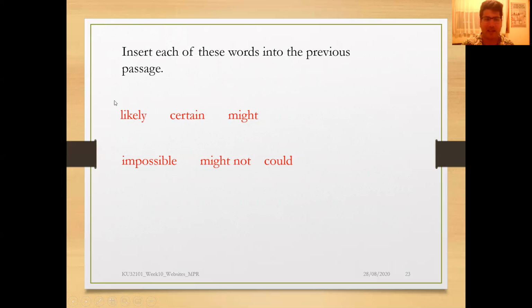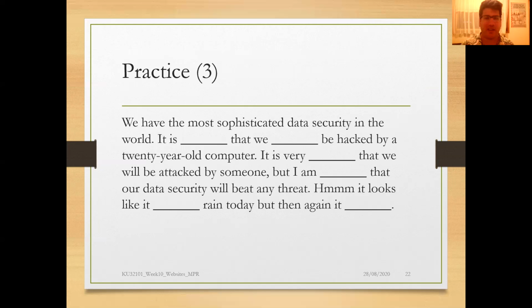So likely goes in one place, certain in one place, might not goes in one place. So you need to use all of these words and put them into the slots here. Okay, and I'm going to check your answers in the practicum session.